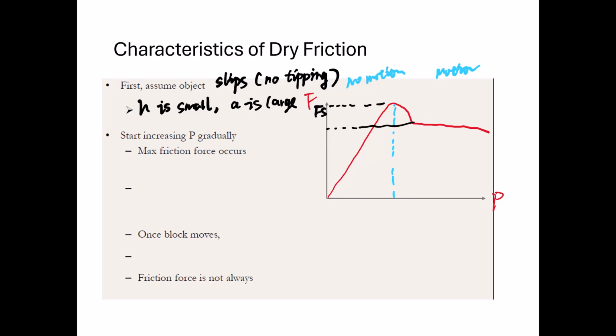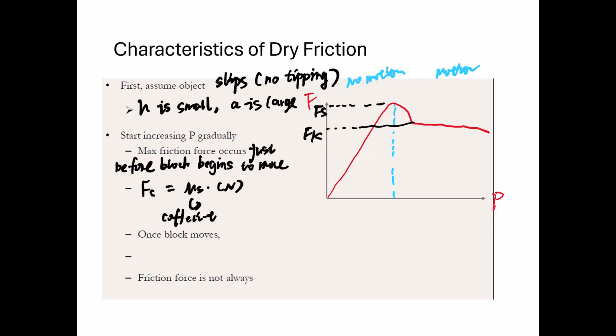So the maximum friction occurs just before the block begins to move: Fs equals mu s times N. We call mu s the coefficient of static friction.